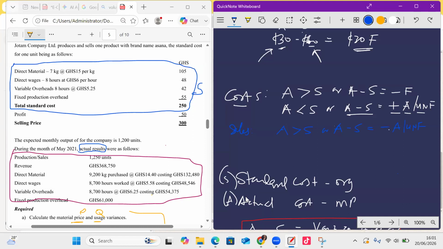Let's pick an example here in blue. Actual minus sales. Let's say we estimated to sell it at 8 cedis. That's the selling price. But when we went to the market, we actually sold it for 12 cedis. Let me use the other way.